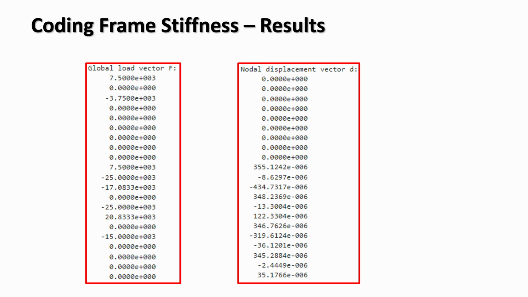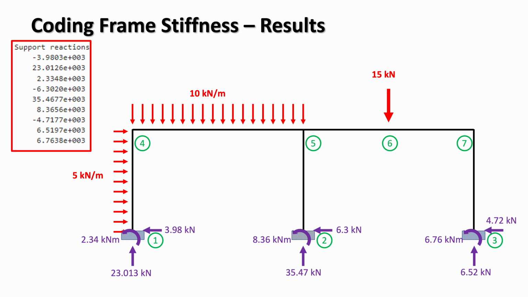On this slide, we visualize the support reactions calculated from the stiffness analysis. The numerical values are shown in the red box on the left, and each corresponds to a restrained degree of freedom at nodes 1, 2, and 3. An important detail here is that the signs follow the global sign convention. So, for example, a negative horizontal force means that it's not in the positive x direction, but in the negative x direction, according to the global sign convention.